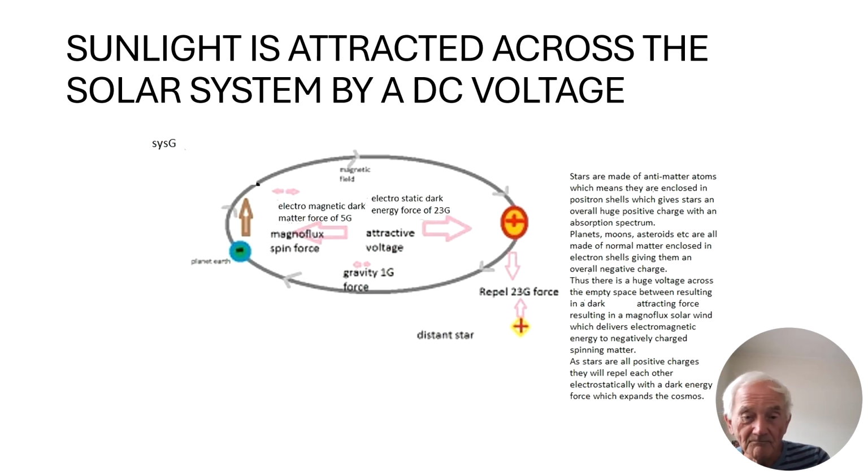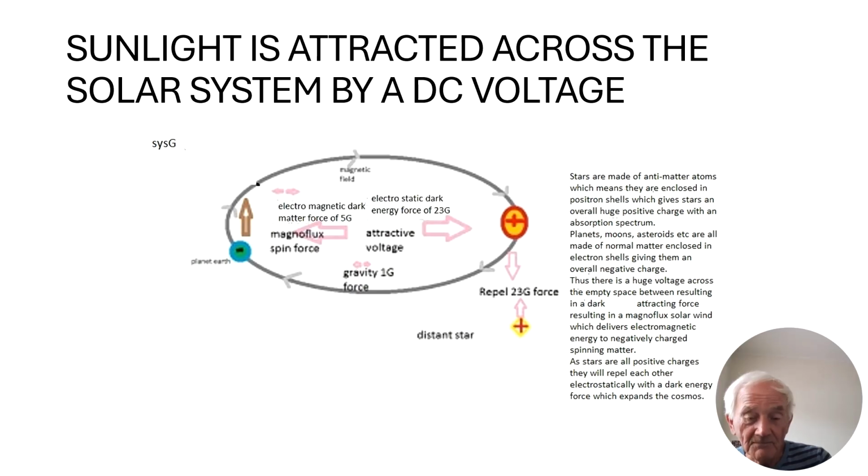The next picture shows the electrostatic attraction across the solar system via DC voltage. Obviously, because we are all enclosed in electron shells, we're negatives, but the sun and stars are all positive.